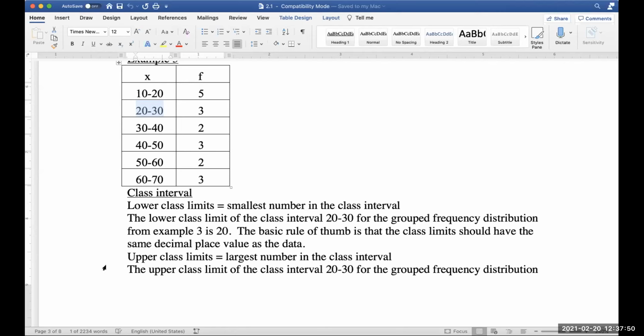The upper class limit is the largest number in the class interval. And so in this particular example, the upper class limit is 30. So the basic rule of thumb is that the class limits should have the same decimal place value as your data.